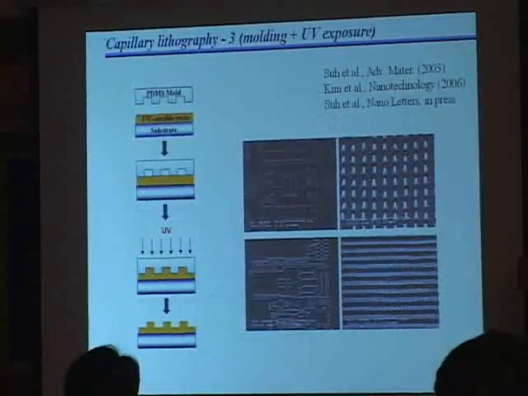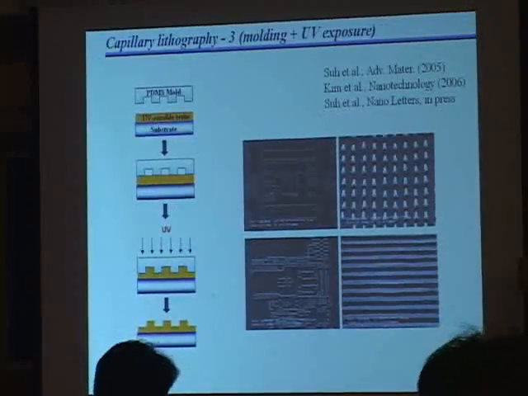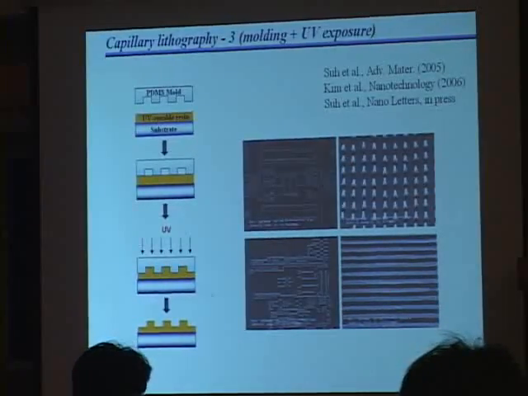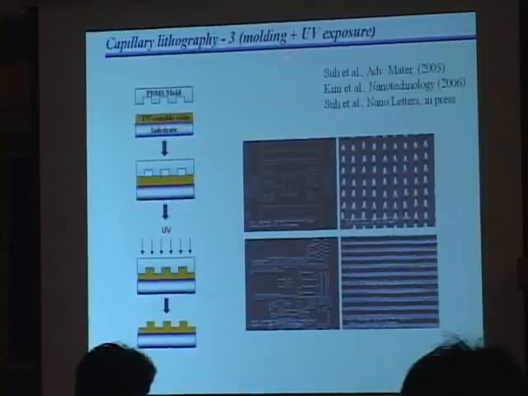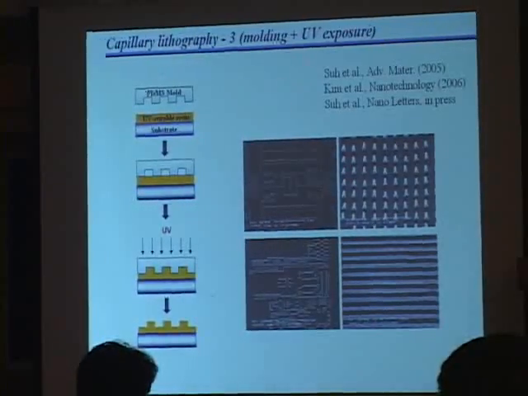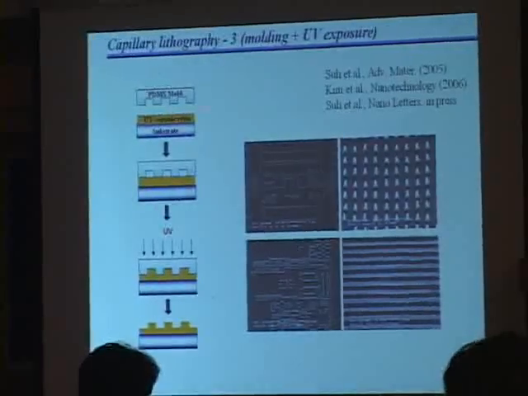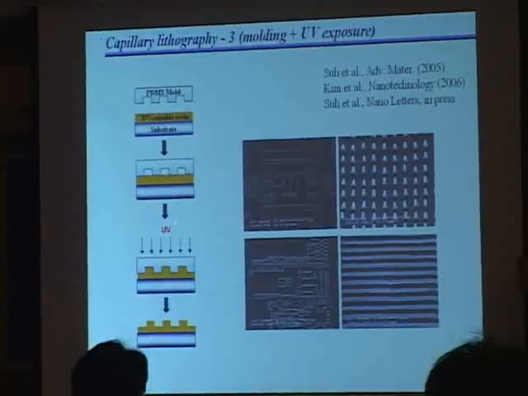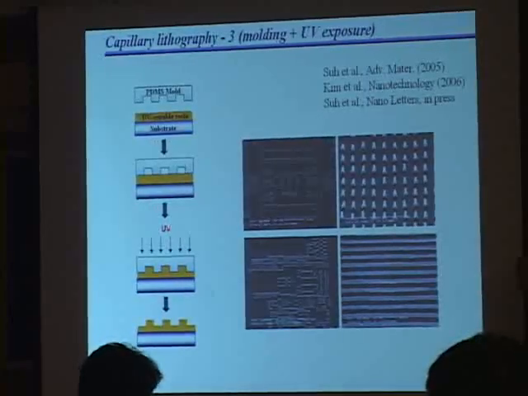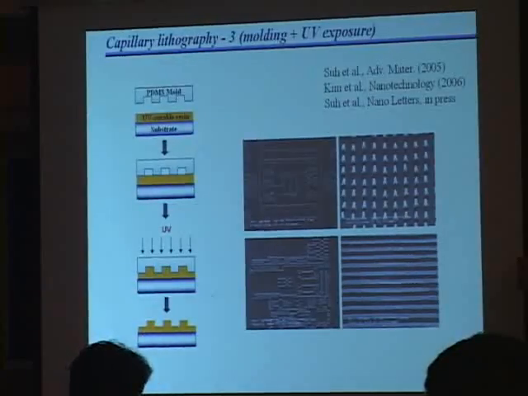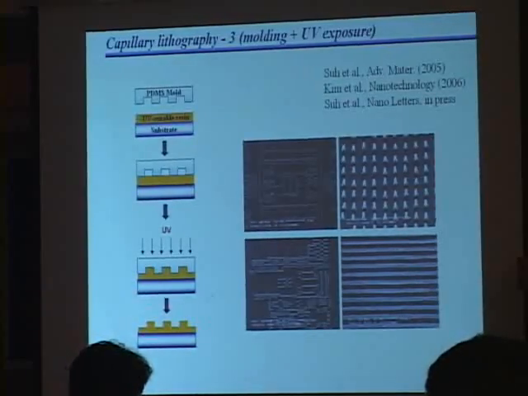The last way is to utilize UV exposure, because the PDMS mold is transparent. After putting the mold on top of the surface and exposing the surface to UV, we can fabricate the same type of negative replica, basically the same.